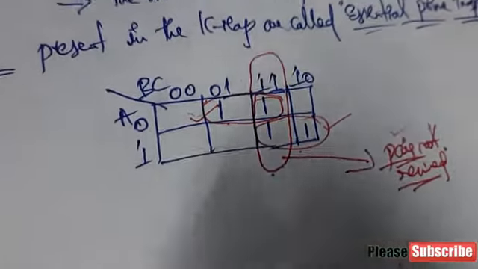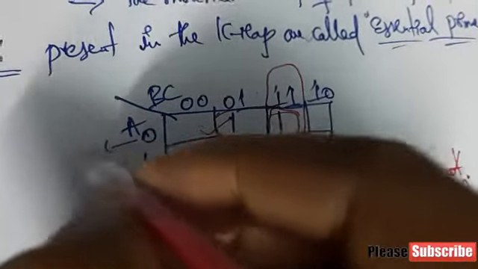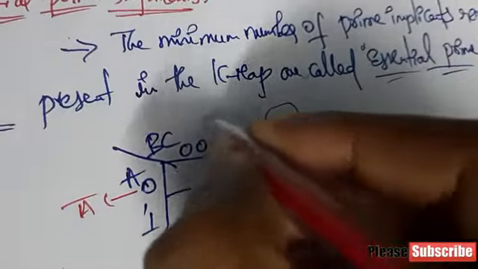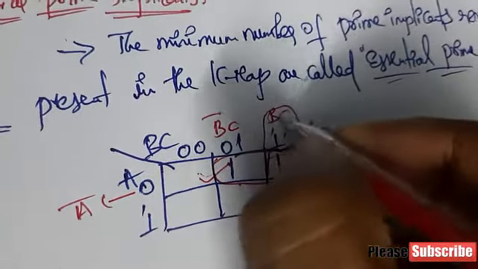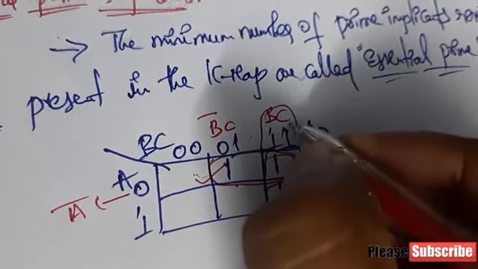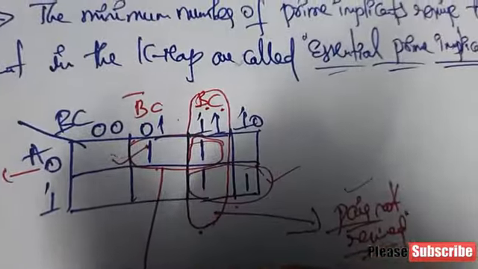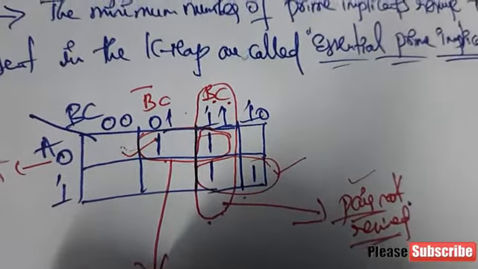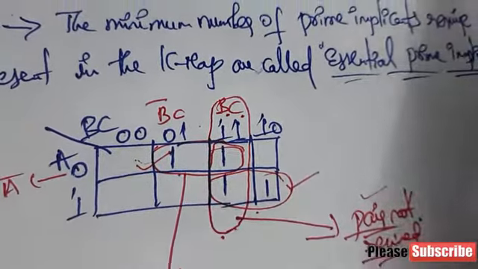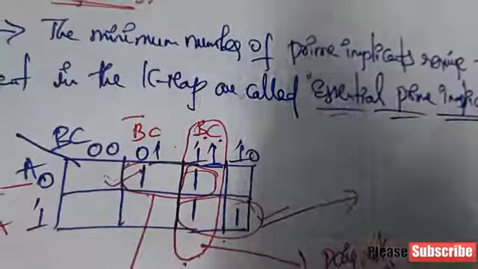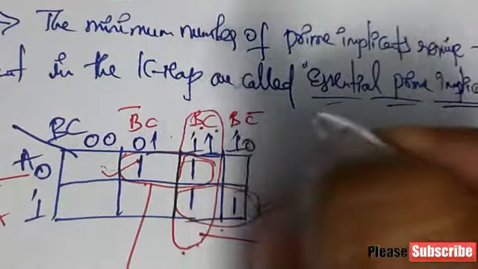Okay, the answer will be this will be A bar, here B bar C, this will be B C. C common, you will get B plus B bar. B plus B bar means 1, right? This will be A bar C. For the other pair, this will be A B C, A B C bar.